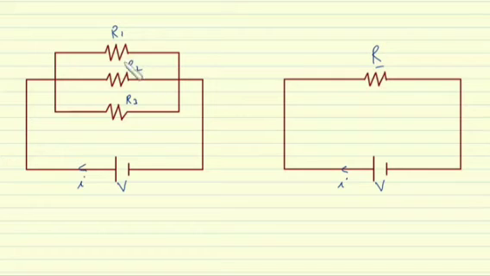So the effective resistance of R1, R2 and R3 is R. Sorry, R is the equivalent of the parallel connection of R1, R2 and R3.